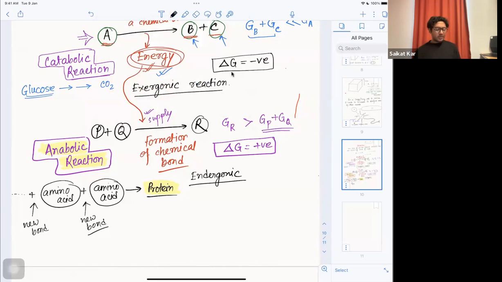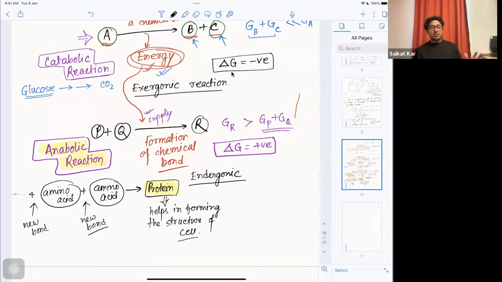Okay, amino acid protein. So what is protein? Protein is a structural molecule that helps in forming the structure of a cell.